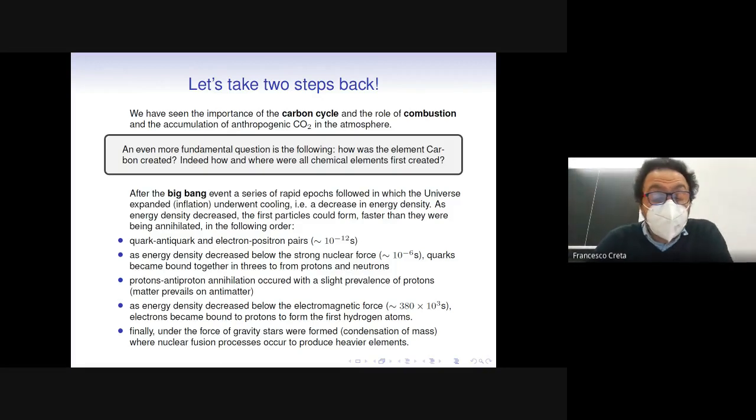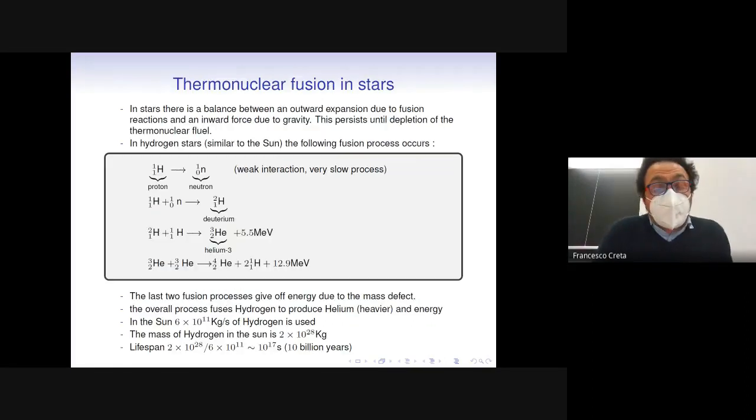Very, very simple. And in stars, as you know, you have nuclear fusion processes that fuse simpler atoms into more complex ones. So in fact, all the elements are formed in stars, and the stars are essentially nuclear furnaces.